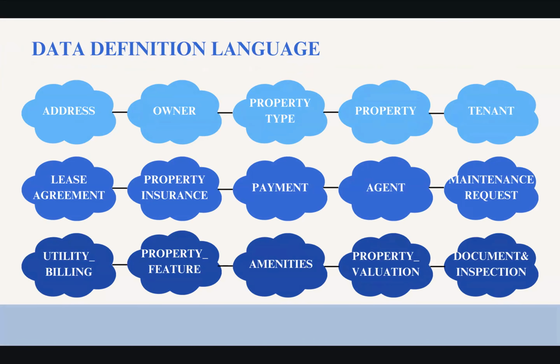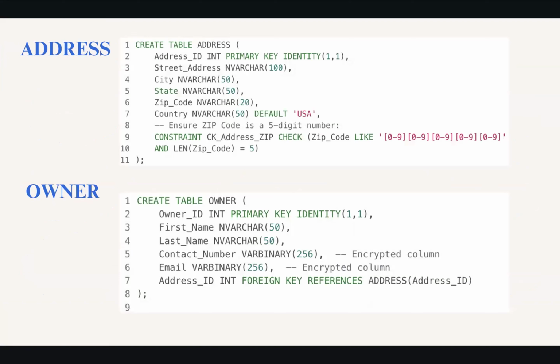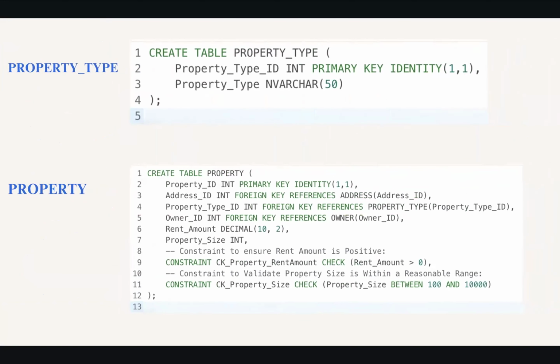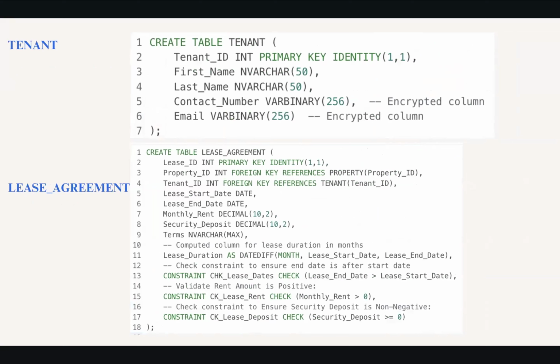Hello everyone. I'll present the core tables in our database, starting with the address. Next slide, please. It records the location of properties, and the owner table stores encrypted personal details of property owners for security purposes. Next slide. And then property type and property table to categorize the properties. Next slide. The tenant table keeps track of the individuals leasing these properties.